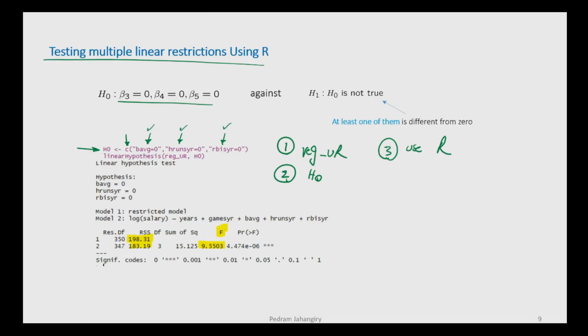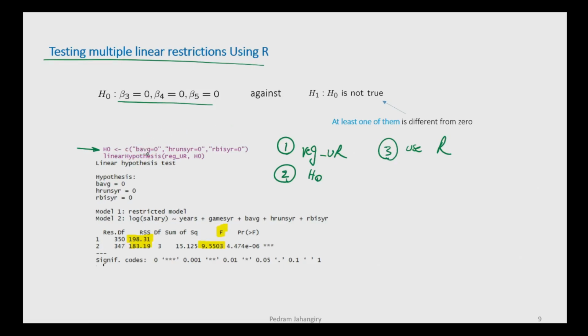The reason that we cannot write beta 3 or beta 4 or beta 5 is because R doesn't understand what beta is, because maybe you call it gamma, maybe you call it delta. So there is no beta available in the data. However, R knows the name of the variable. So for that reason, it says, okay, let's say BAVG is equal to 0. But the way that R reads it is the coefficient of BAVG.